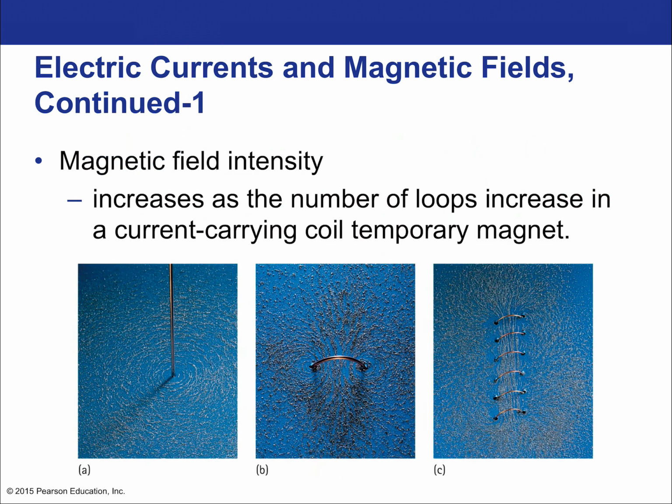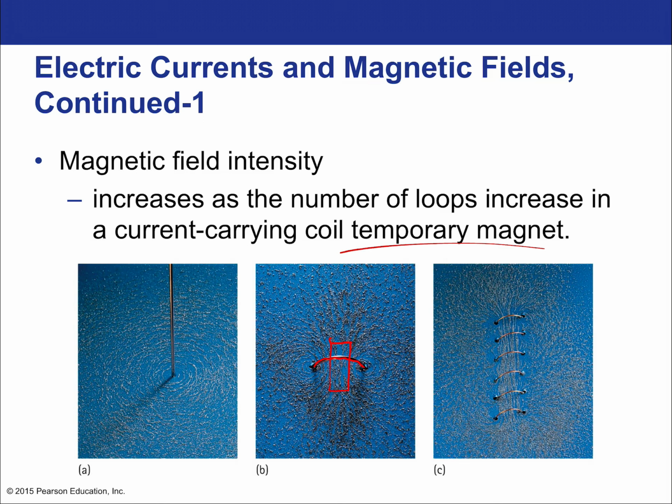Okay. Magnetic field intensity increases as the number of loops increases in a current carrying coil, which is a temporary magnet. When you have a single wire, you can see the concentric circles. If you have a loop like this, you can still see the concentric circles, and you can see a region in between where you start to have a nice uniform magnetic field.